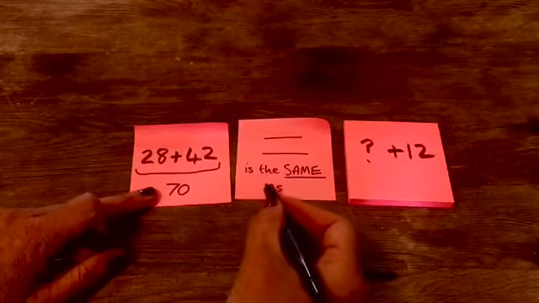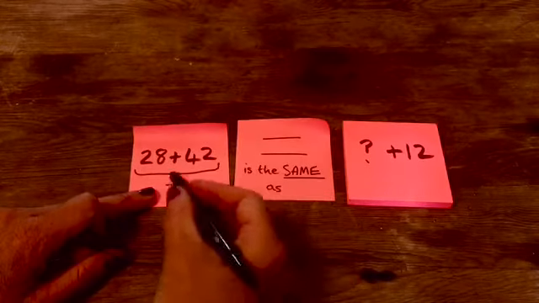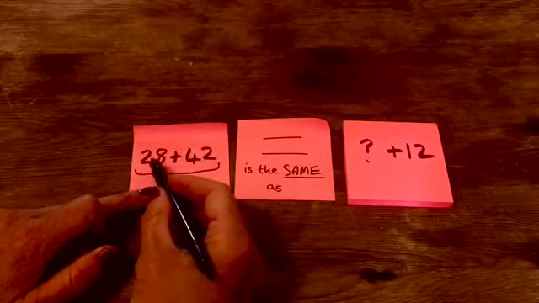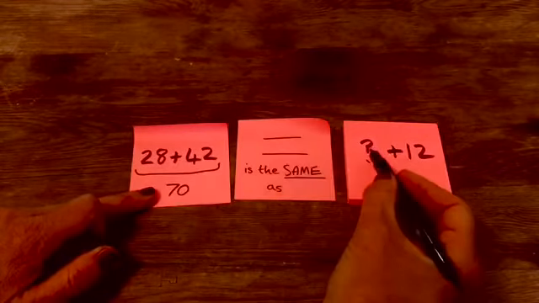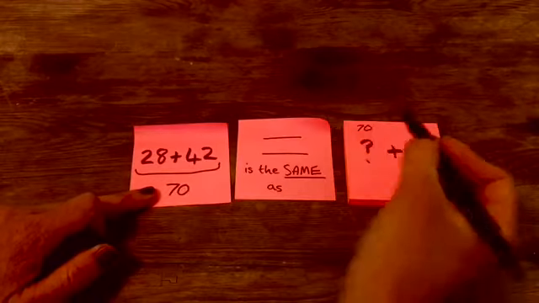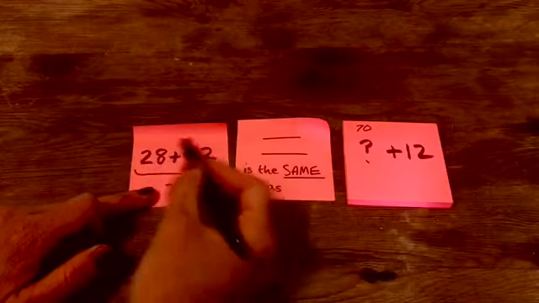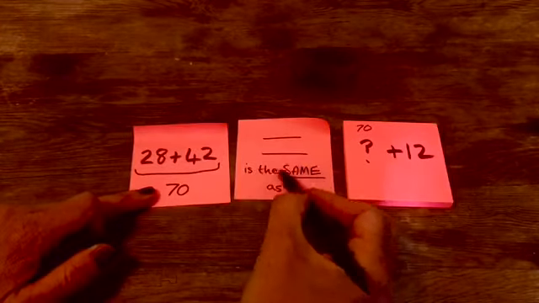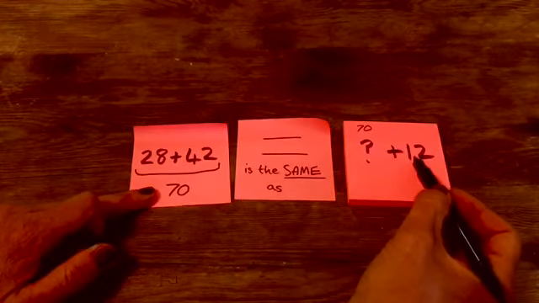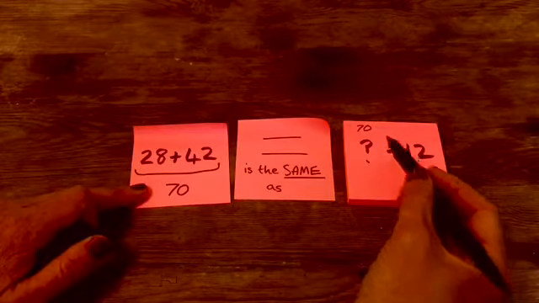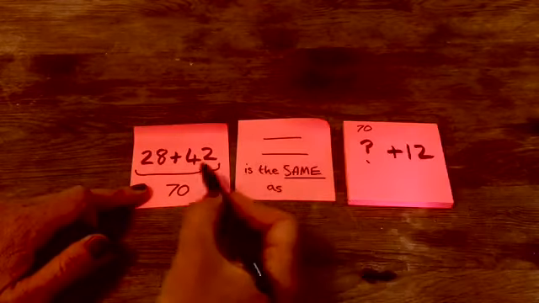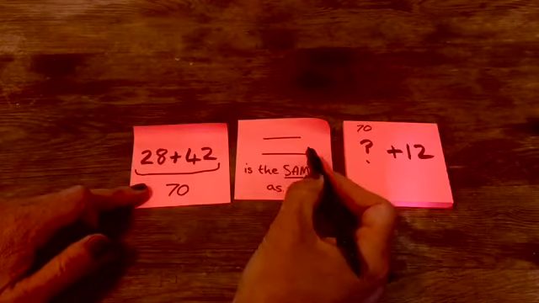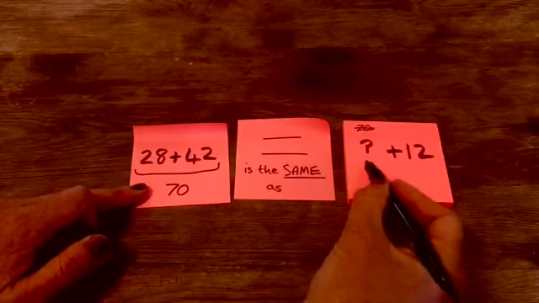And 70 is the same as, and what lots of children will see is they'll work this bit out, 28 add 42 equals, and they'll write 70. But what that would then say is that this side, 70, is the same as 70 add 12. But that doesn't make any sense. You can't say one side is 70 and 12 and the other side is just 70 and use equals. So it can't be 70 as a missing number.